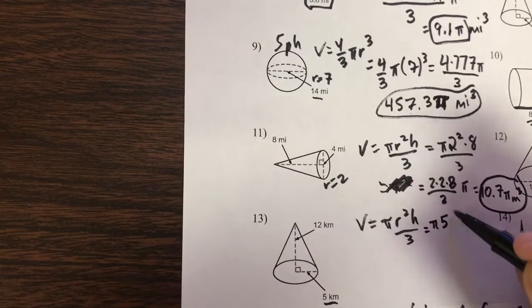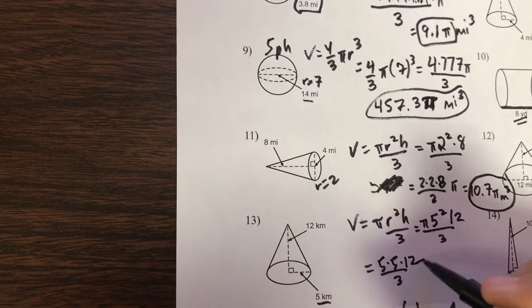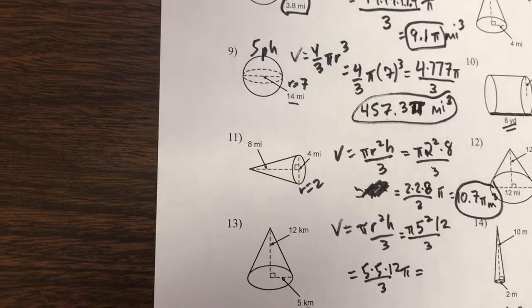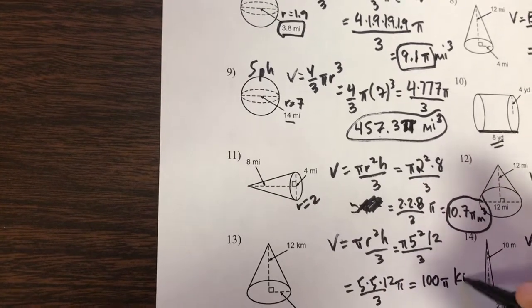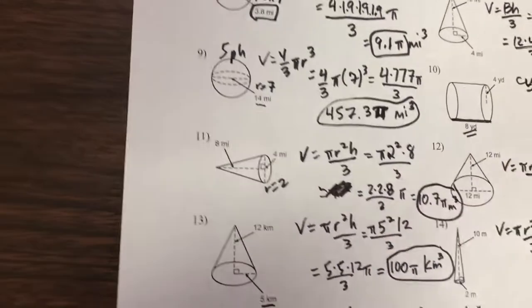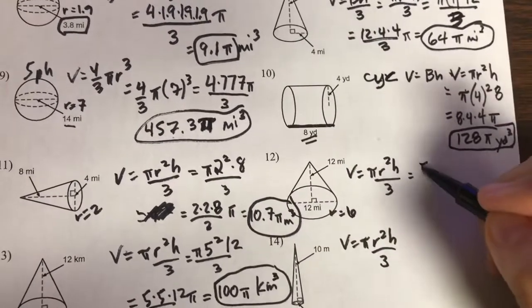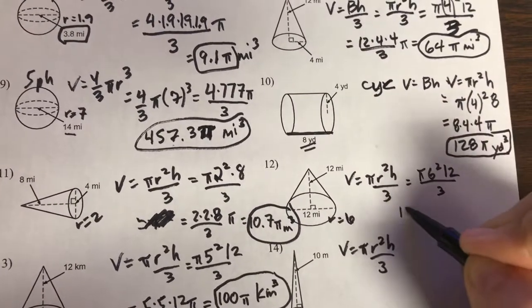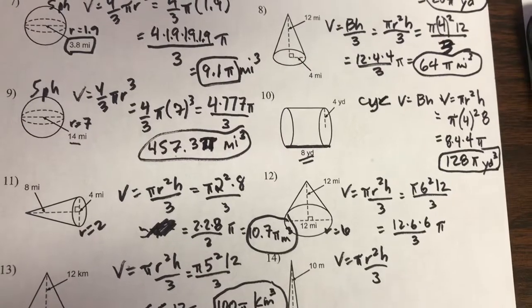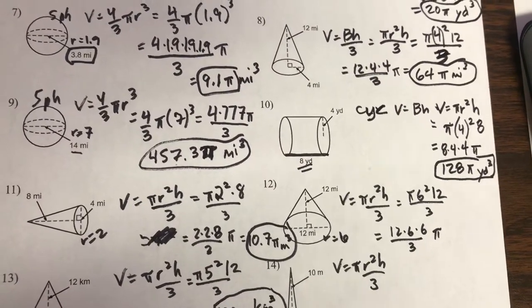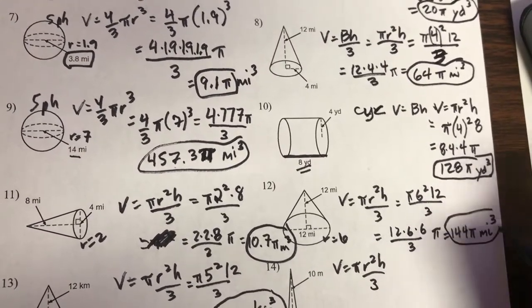Radius is 5. .100 pi kilometers cubed. Radius would be 6. .144 pi miles cubed.